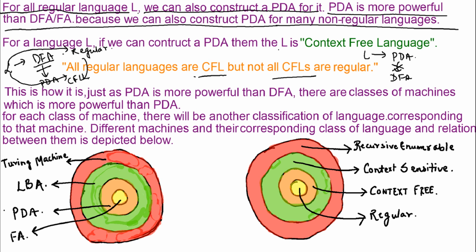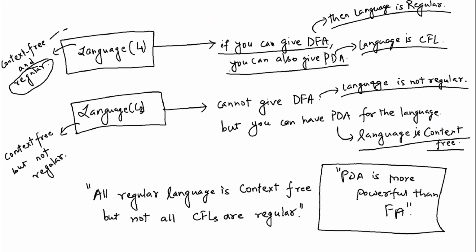Now look at this. Just as PDA is more powerful than DFA, there are classes of machines which are more powerful than PDA. And this pattern then follows. If PDA is more powerful than FA, we see that all regular languages are context free, but not all context-free languages are regular.